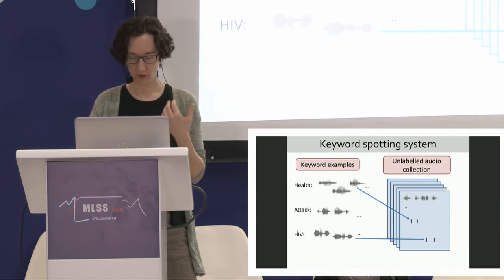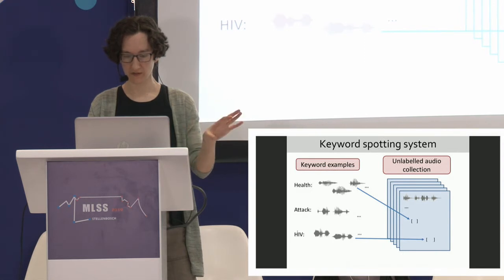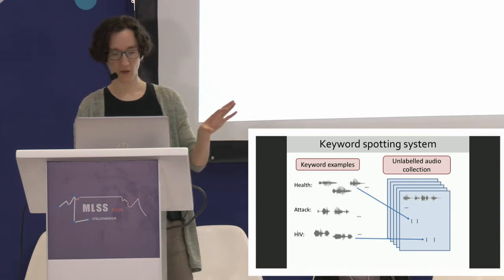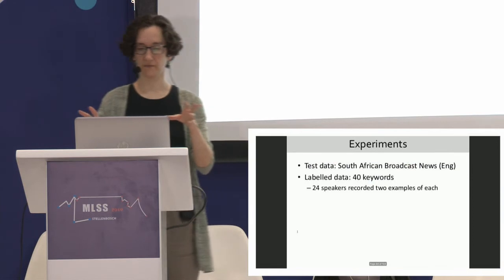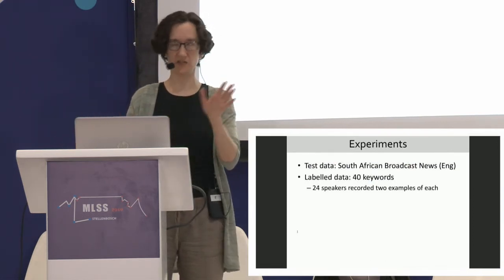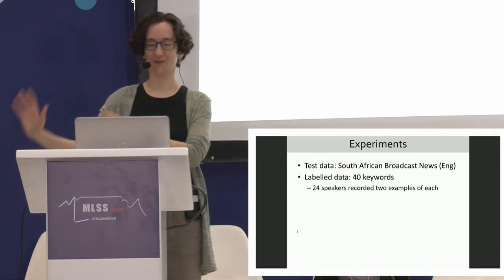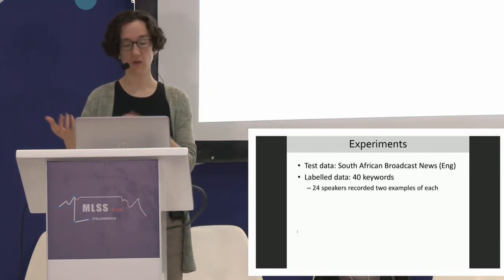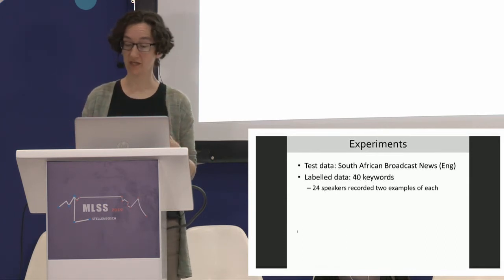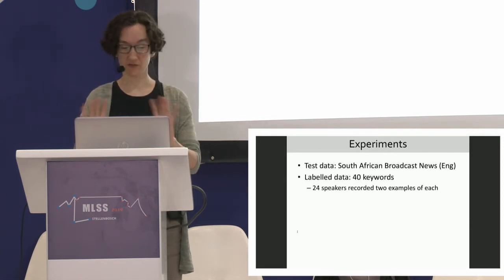It's not actually working on the Ugandan languages. It's doing some initial experiments. This actually just came out about 2 months ago, so hopefully they will continue to work on this in other languages as well. But so far, it's been done on this South African broadcast news data, which is in English, but not using any English transcriptions.